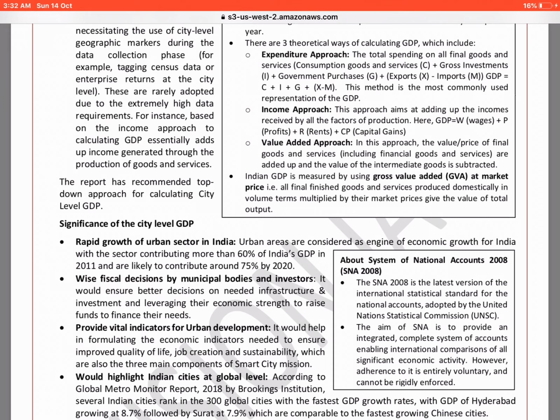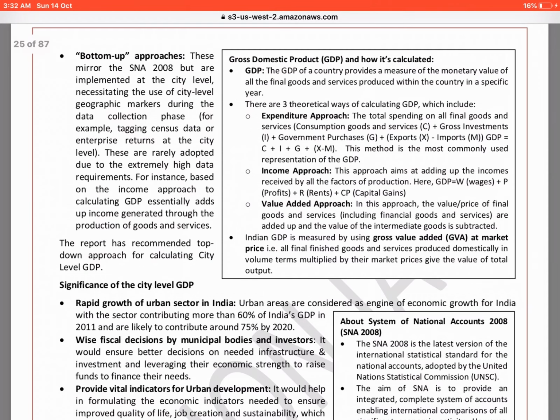So for international comparisons of countries, this SNA has been made, and it has a lot of data on countries' economic activity. However, the adherence is entirely voluntary and cannot be rigidly enforced. So this is SNA. So how in India this approach is being talked about is at city level.